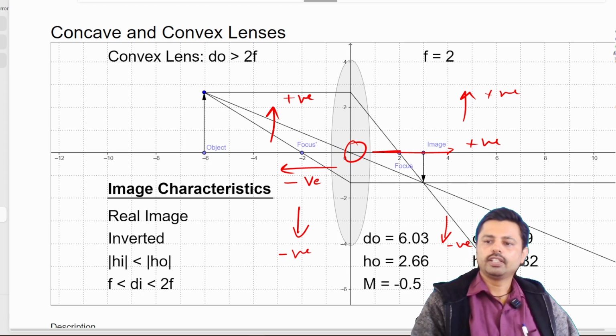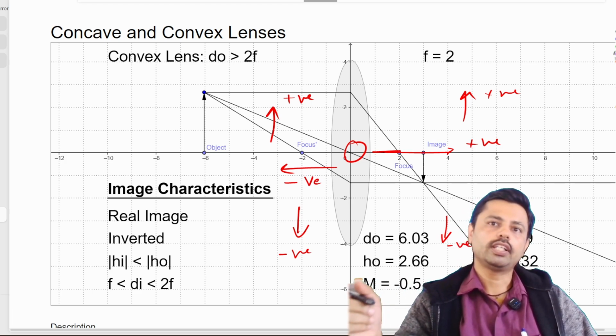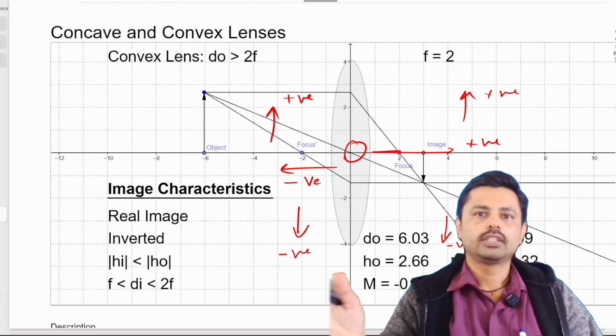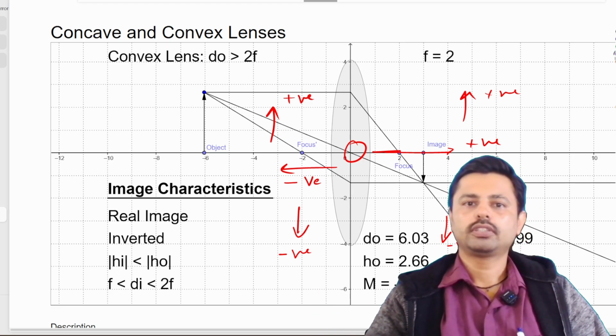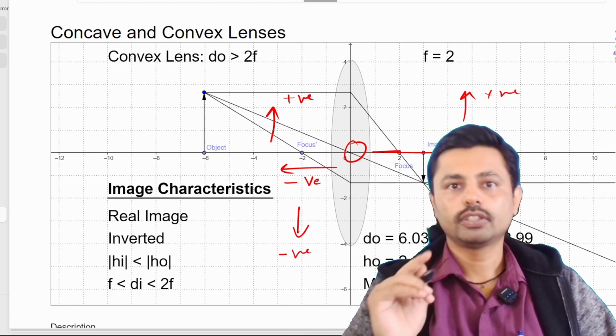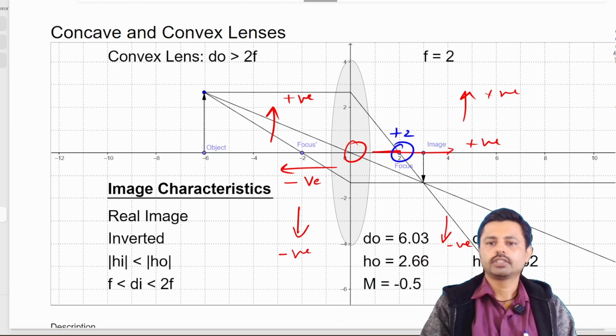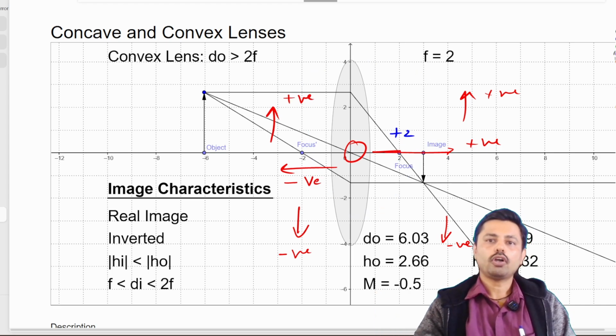That's it. In the exam, in the numericals, sometimes it will be given that the focal length is minus 2 centimeter or plus 10 centimeter. Minus, plus, how will you understand if it's a concave lens or convex lens? So keep in mind, if the focal length is plus, like plus 2, which lens is this? Convex lens.